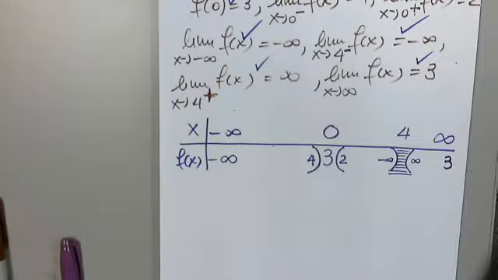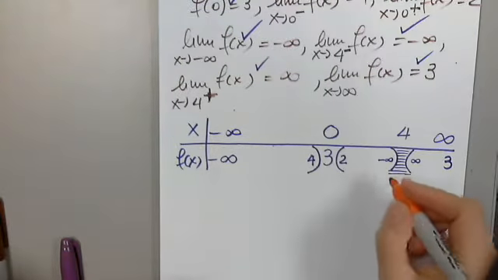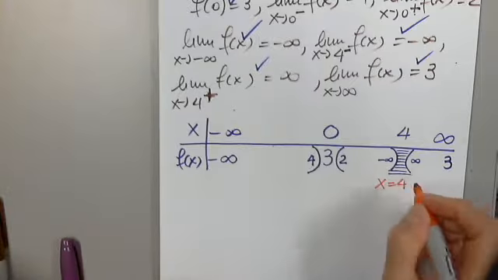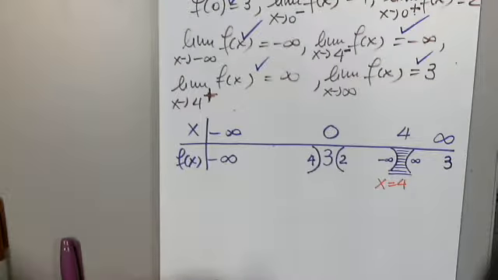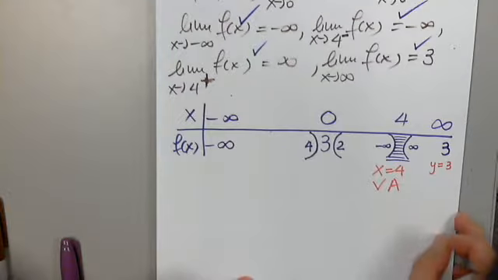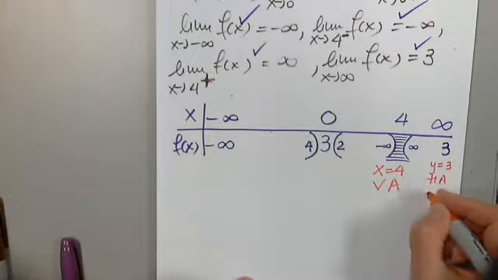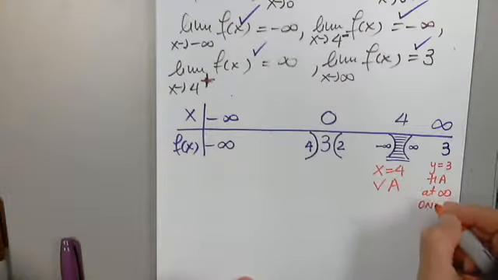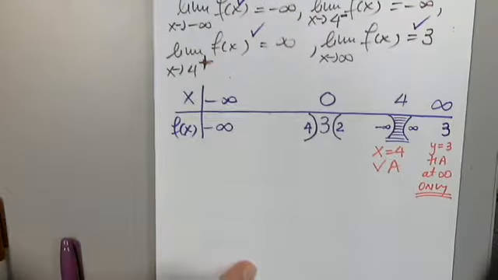I have two remarks here. Can anyone tell us what x equals 4 must be? A vertical asymptote. Can anyone tell us what y equals 3 must be? A horizontal asymptote at positive infinity. Exactly. So now once we summarize the information, the whole thing is not difficult.